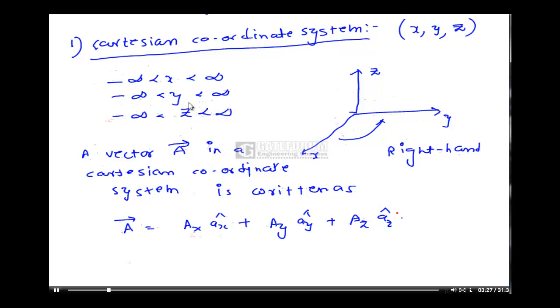So like this we can represent a vector in Cartesian coordinate system. So this is a very well known system.